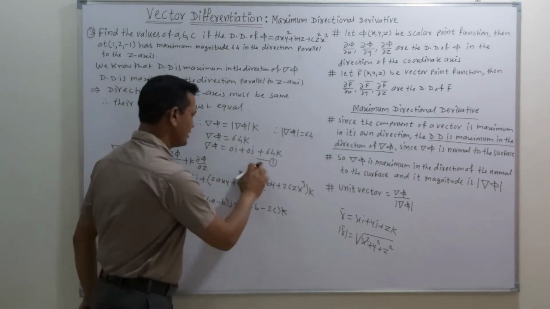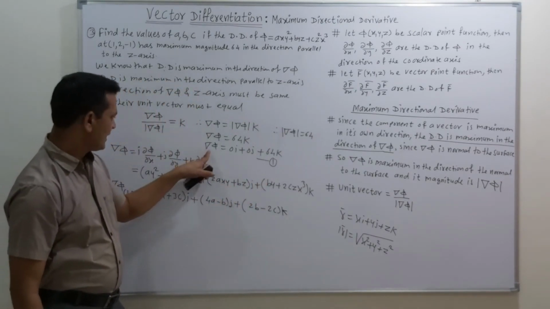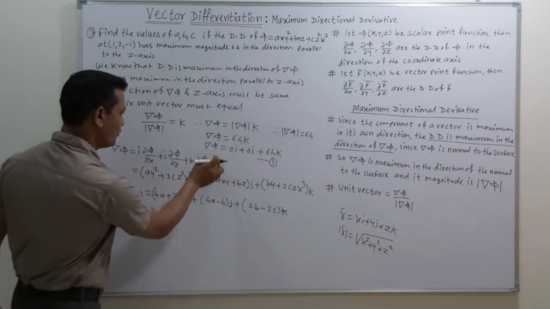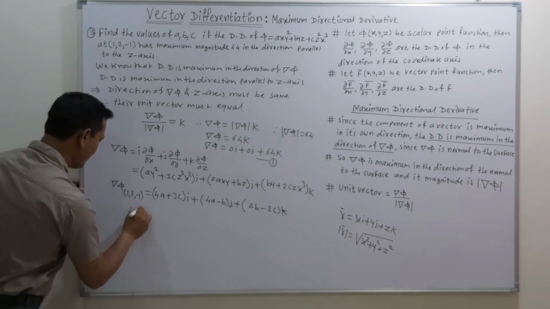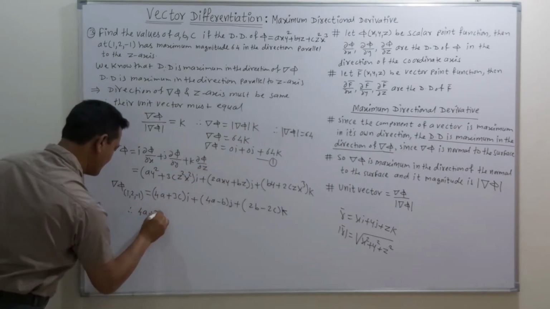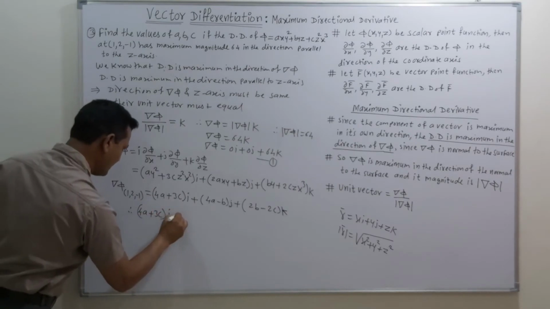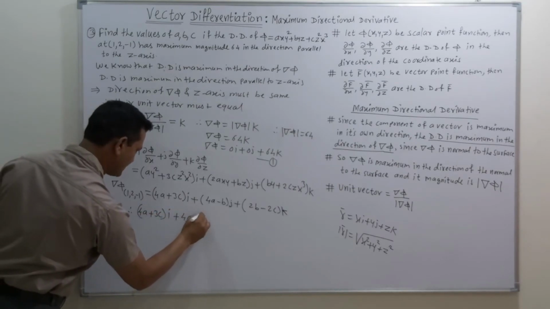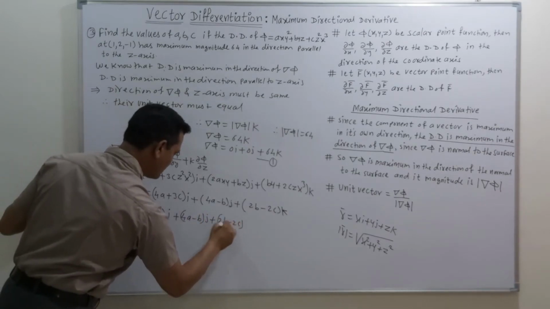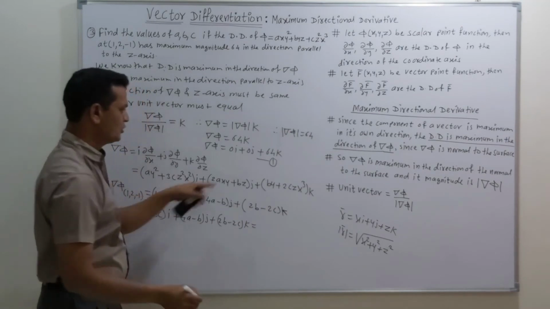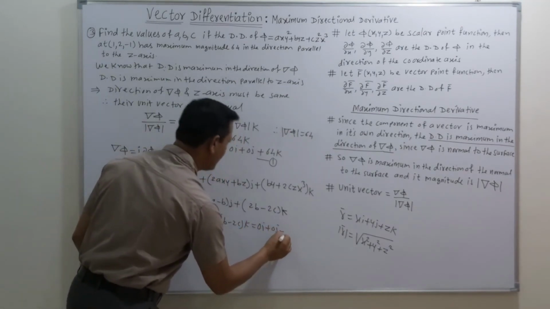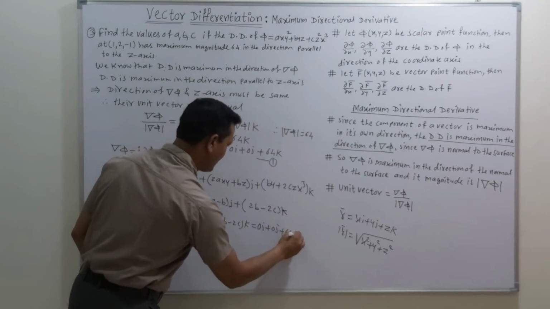But friends, this is the value of del phi. According to equation number 1, we know that del phi is equal to 0i plus 0j plus 64k. So putting in the value of del phi from equation 1, we get (4a plus 3c) into i plus (4a minus b) into j plus (2b minus 2c) into k is equal to 0i plus 0j plus 64k.